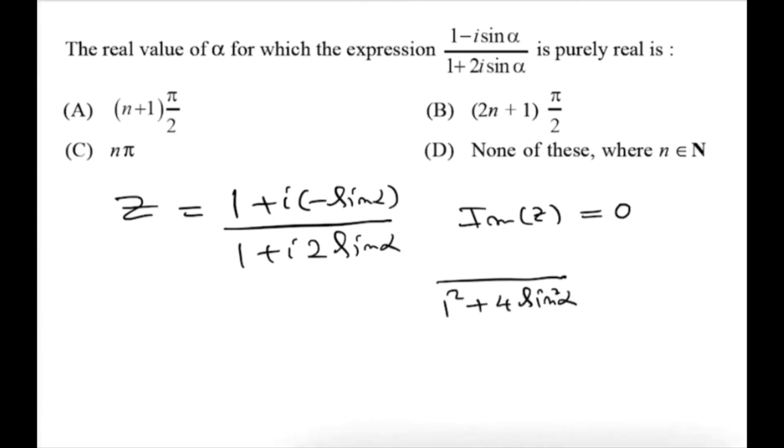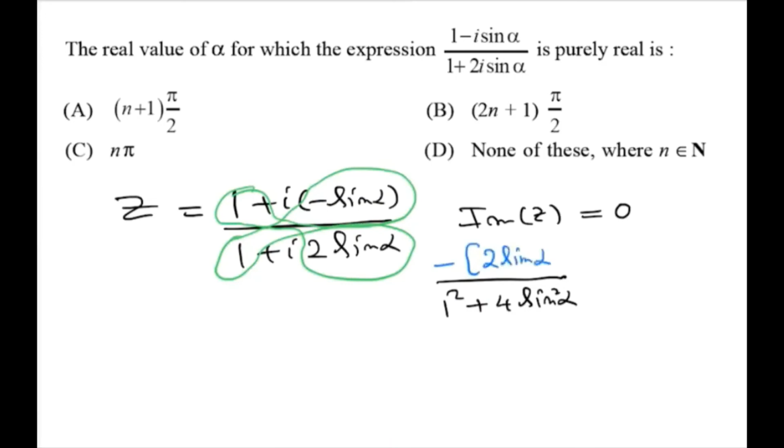In the numerator, product of this minus product of this. In fact, here you get minus of 2 sine alpha, minus of minus sine alpha becomes plus sine alpha. That is 0.